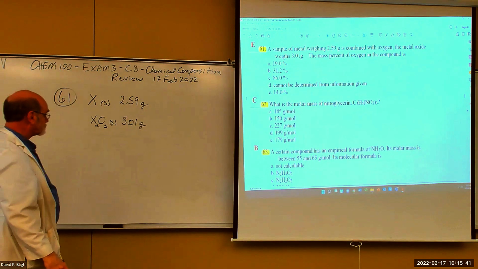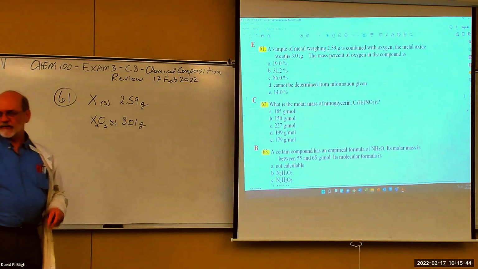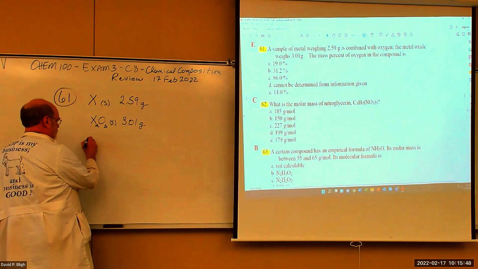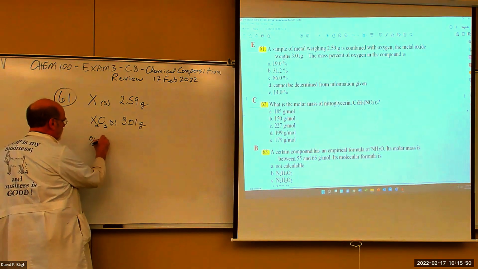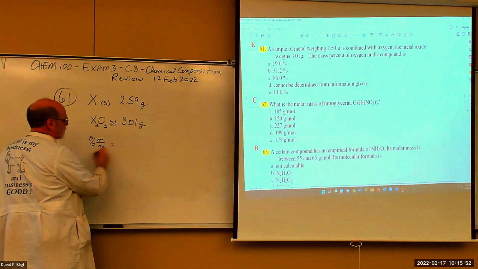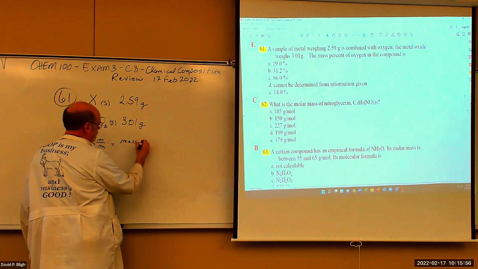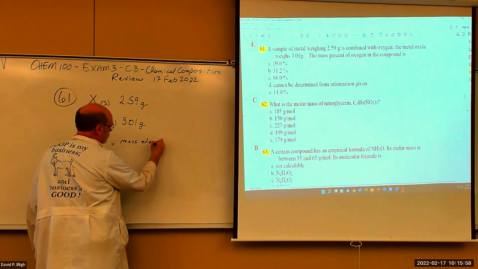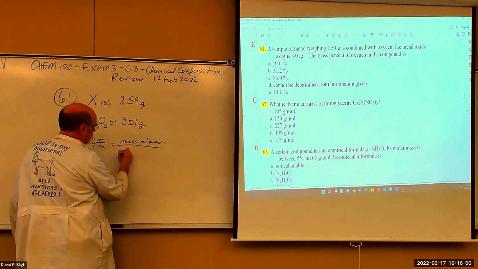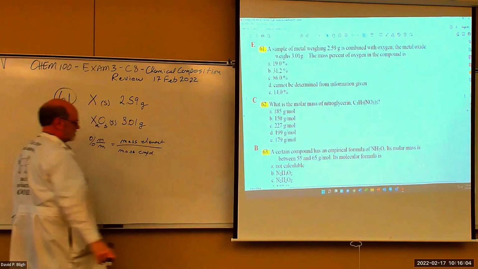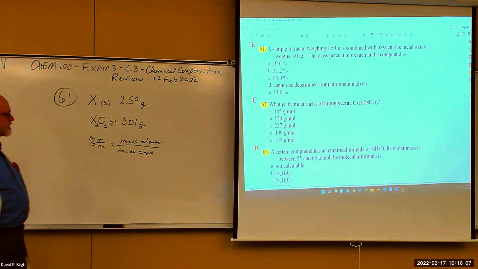Okay. This should be fairly simple. Go back to your definition of mass percent. Percent by mass is equal to the mass of the element per mass of the compound. So what's the mass of the element?